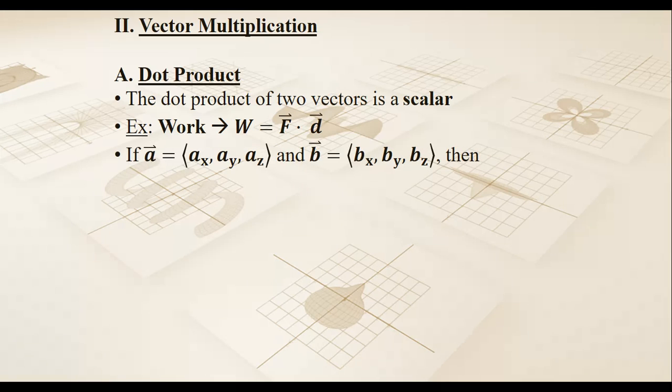Okay, so let's word this in terms of more generic mathematical variables and as ordered triplets. So we have vector A, which has components ax, ay, az, and we have vector B, which has components bx, by, and bz.